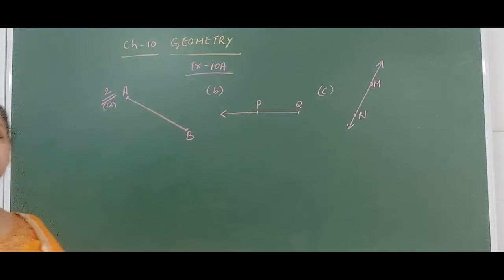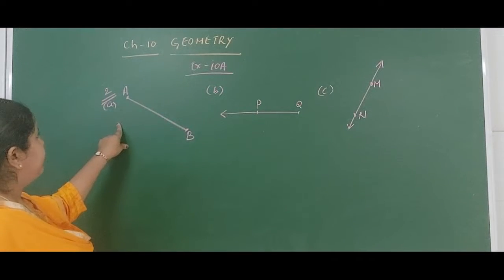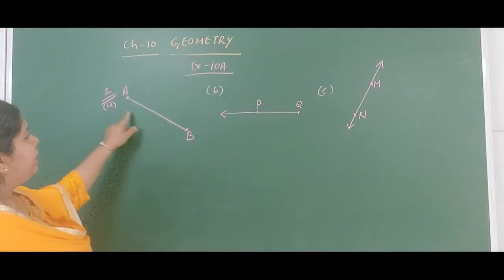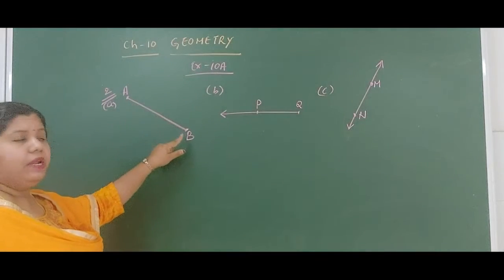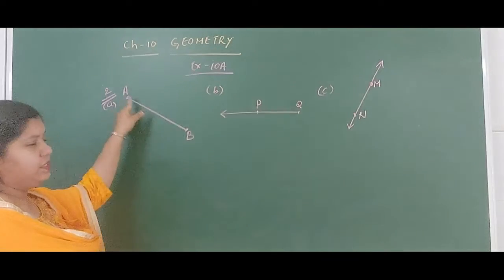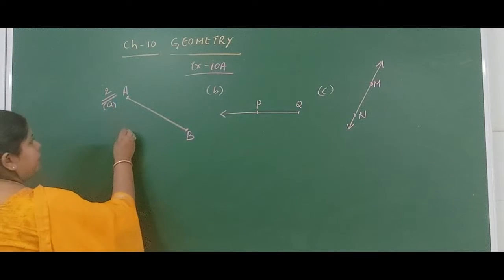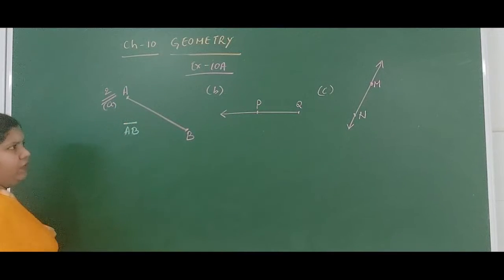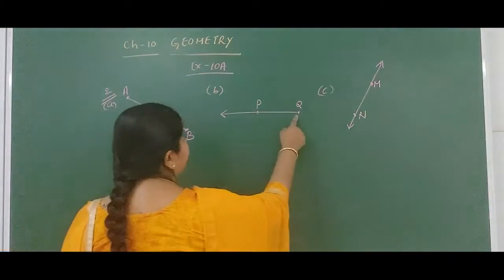Now look at these three shapes from exercise 10A. First, this is a line segment. It looks like a line segment because it is a straight line path from A to B, and A and B are fixed. So this will be line segment AB, and we represent it by writing AB with a line above it. Now we go to the next one. Here you can see PQ.